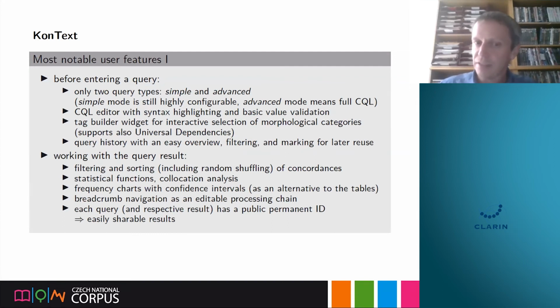It is a processing chain that's editable. You can just edit the first step, and then rerun the rest of the processing chain if you find out that, say, your query had just too high recall and too low precision or something like that.